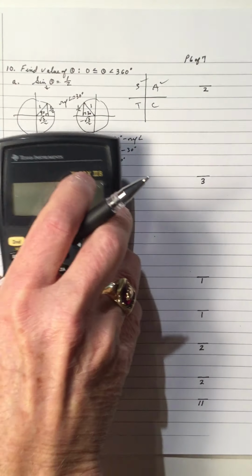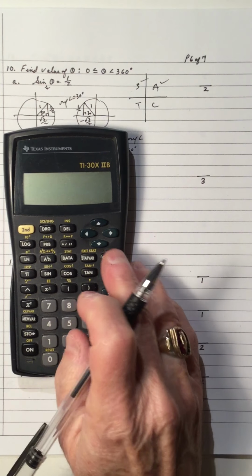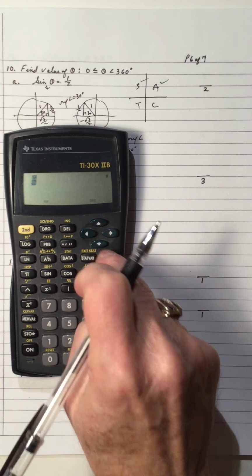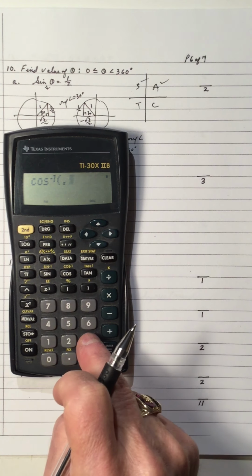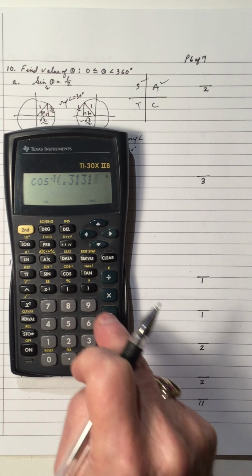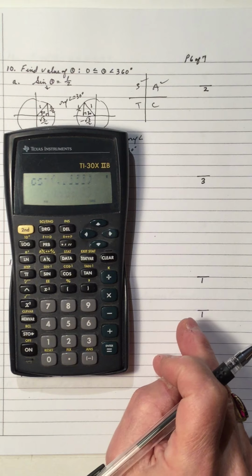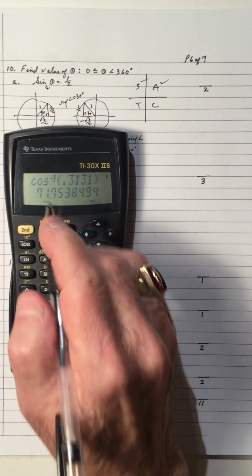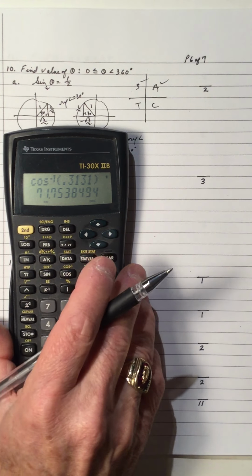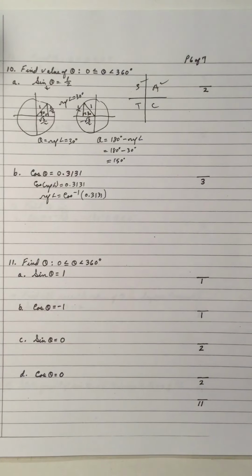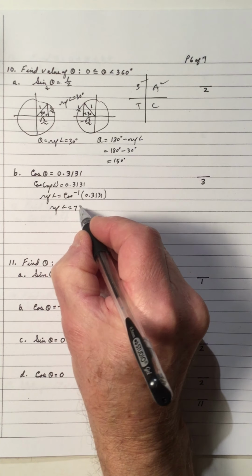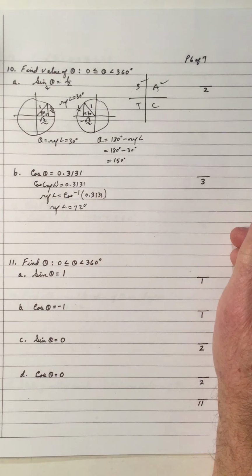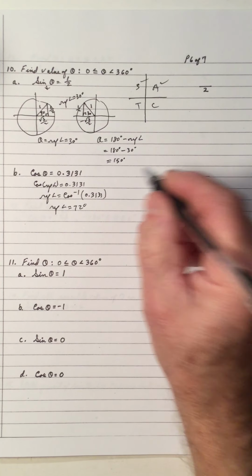So you take the calculator and you make sure it's turned on, you clear it. So it's inverse cos of 0.3131, and the reference angle comes out to be 71.7, 72 degrees. So the reference angle is 72 degrees.